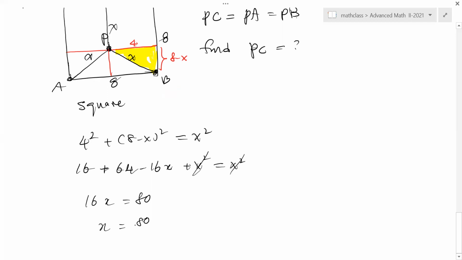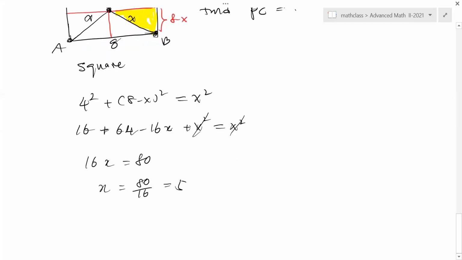So x is 80 divided by 16. I think it is 5, right? So x is 5.